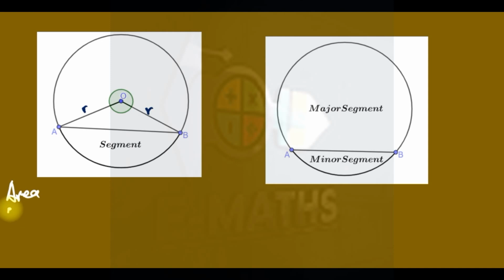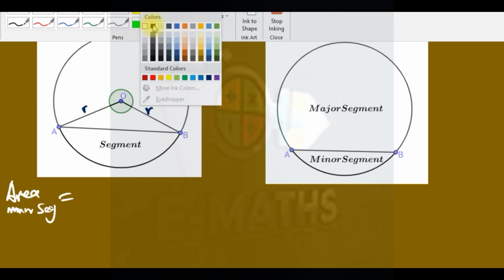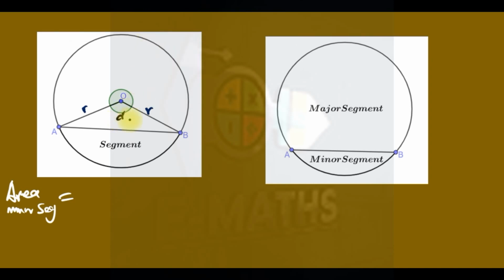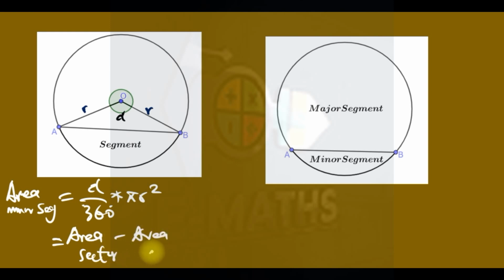I'm using the minor segment now. Assuming I have the angle here to be alpha, it is alpha over 360 times pi r squared. This is the area of a sector. To get the area of a segment, it is the area of a sector minus the area of the triangle AOB.